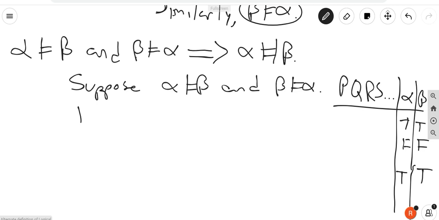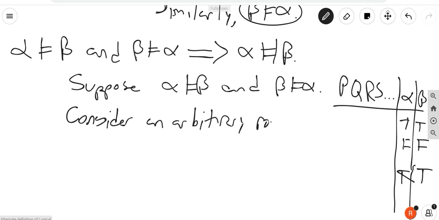So we're going to consider an arbitrary row.